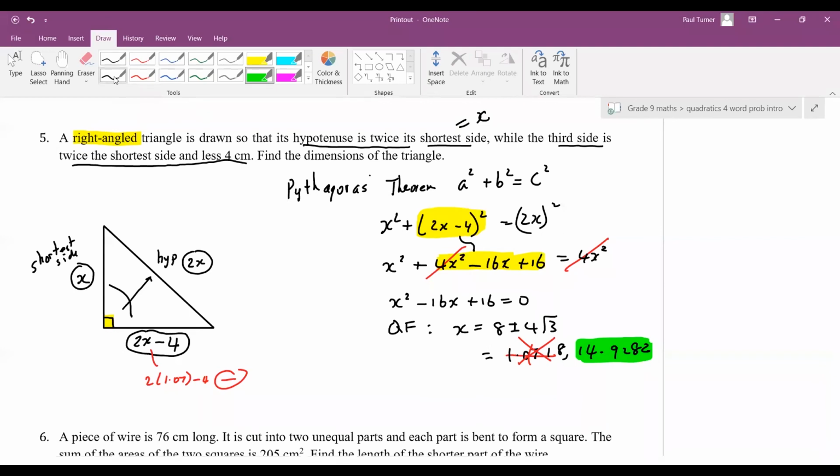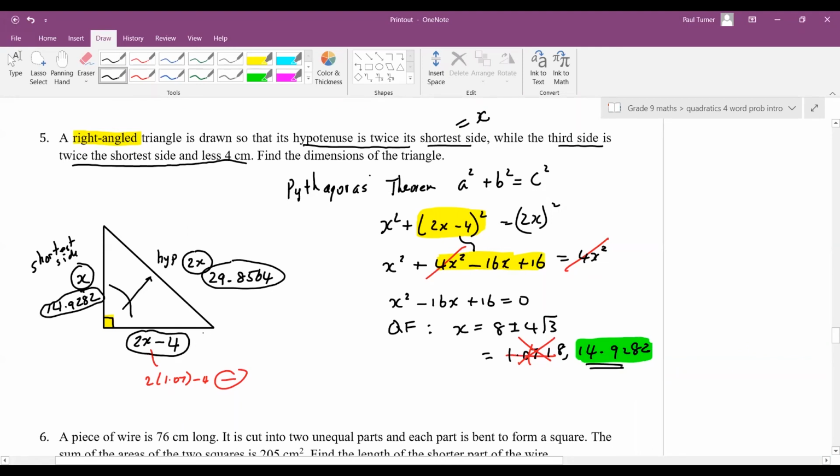So we end up then with the lengths 29.8564. So that's the hypotenuse. The shortest side is 14.9282, which is the x value, this one here.